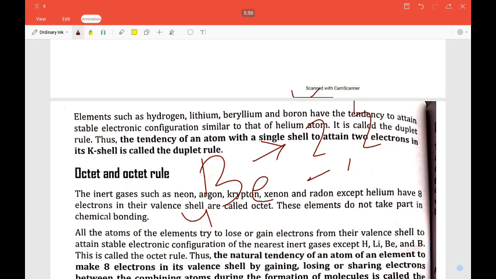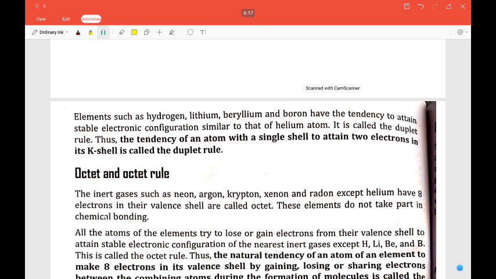In L cell also 2 electrons, but it is not in duplet because its K cell has 2 electrons and the other 2 electrons are in L cell. So keep in mind, only helium is in duplet. So we came to know that if there are 2 electrons in K cell, then it is stable.